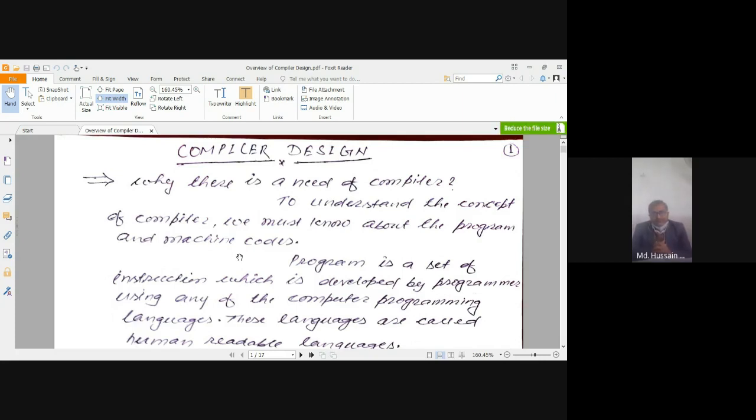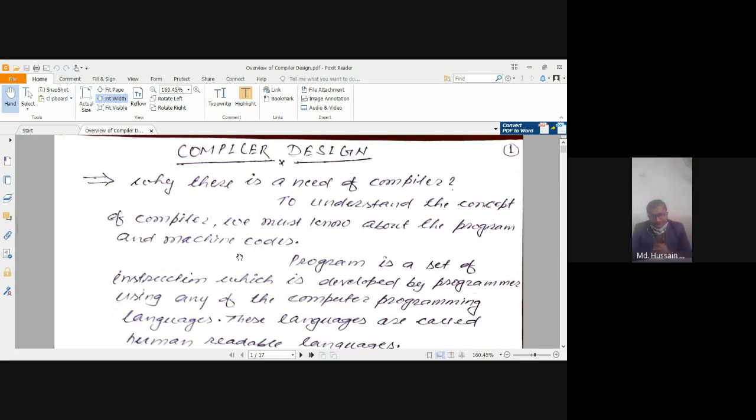And I think in this competitive era, if you are aware of this subject, then you are in a good position. So either of the points you take, this subject is very much important for you all.